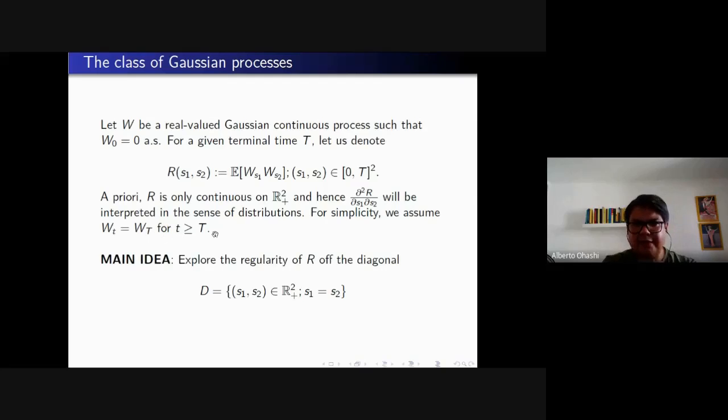The main idea is to explore the regularity of the covariance structure on the diagonal. In the typical case, the singularity comes from the diagonal on the Euclidean space R2. So this is the idea. We develop a kind of Malliavin calculus to deal with this kind of singularity.